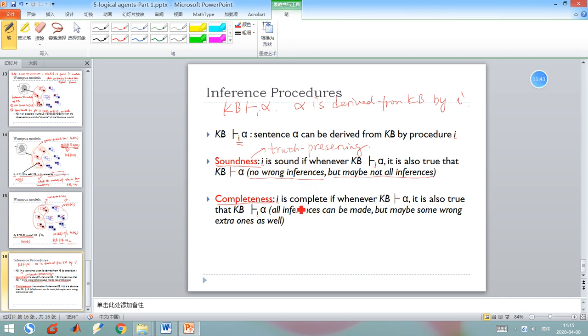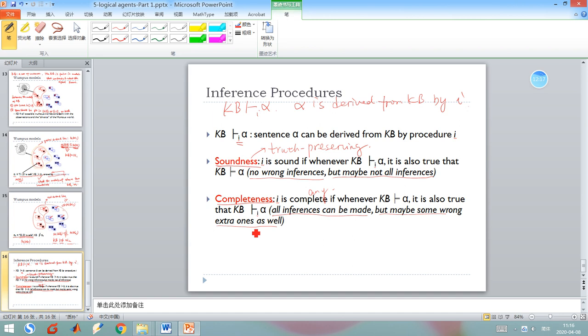The property of completeness is also desirable. The definition of completeness: an inference algorithm is complete if it can derive any sentence that is entailed. It means that all inferences can be made, but maybe some wrong ones as well.